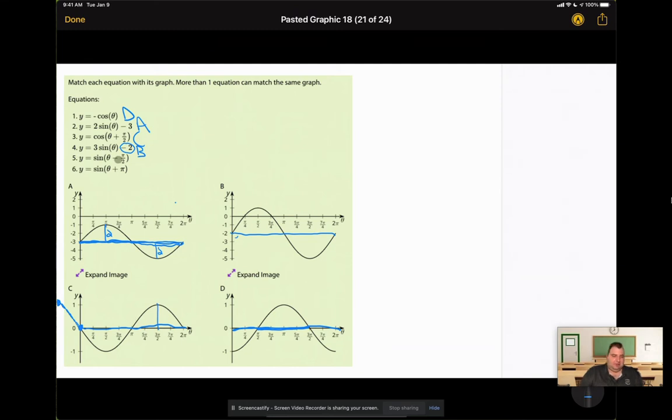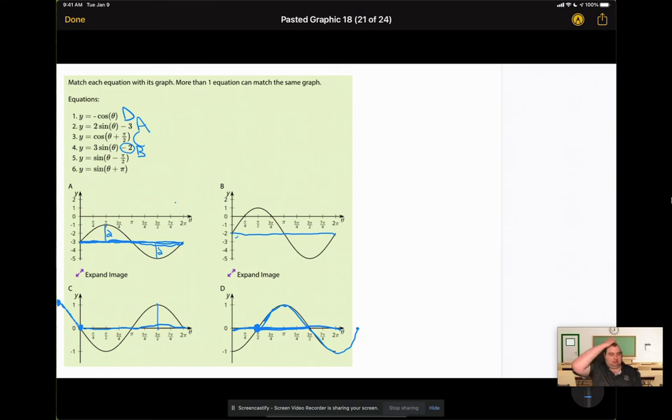Now this is going to be pi over 2 units to the right. So that means that when theta equals pi over 2, the graph should have a value of 0. And then the cycle just starts at 0. So it goes up to 1, down to -1, and if we were to continue, it would come back up to 0 over here.